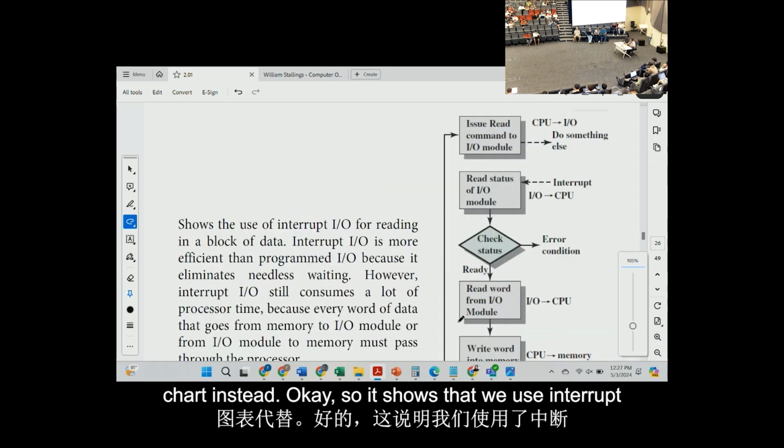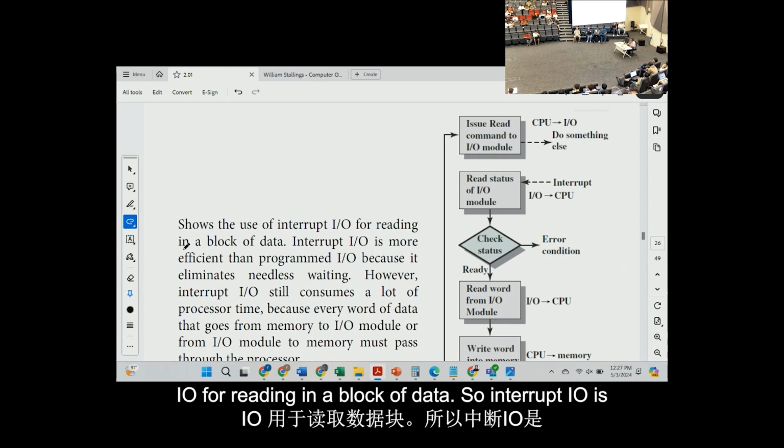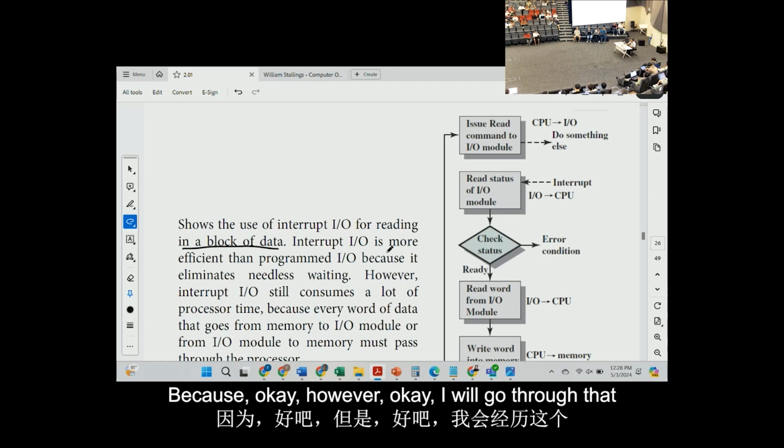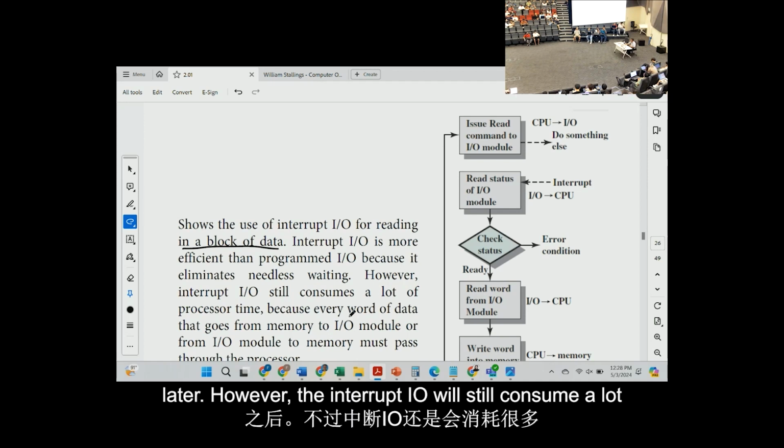It shows that we use interrupt I/O for reading in a block of data. So interrupt I/O is more efficient compared to program I/O. Why? However, I will go through that later.